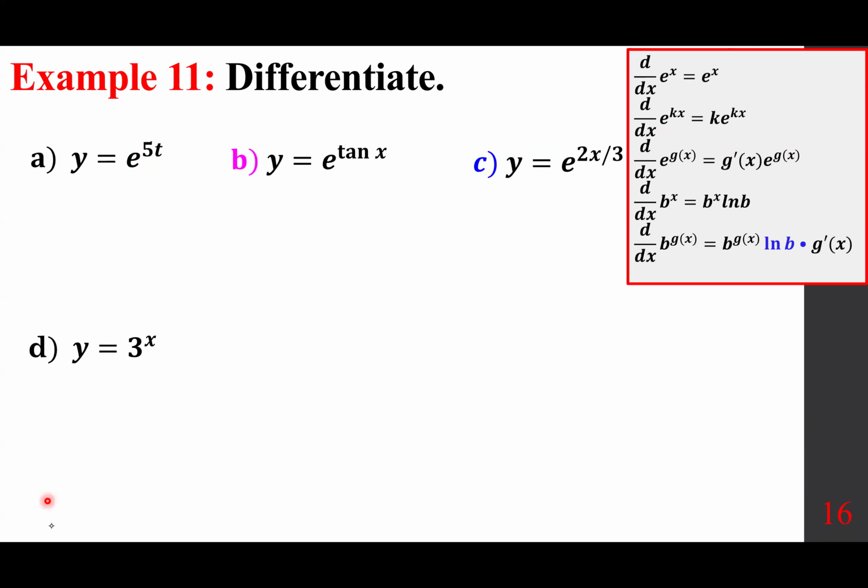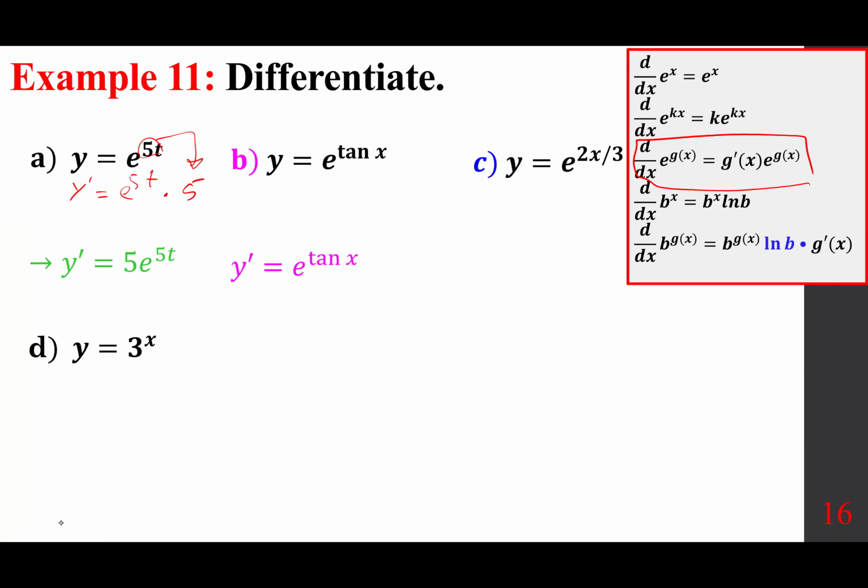5. So if I'm writing this in class, I write it as y prime is itself. Then I say, okay, 5. And of course, I put the 5 in front. I'm done. Second one, the answer is itself, by the chain rule, times the derivative of tangent, which is secant squared, and I'm done.